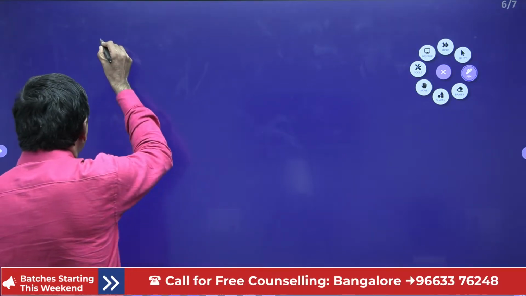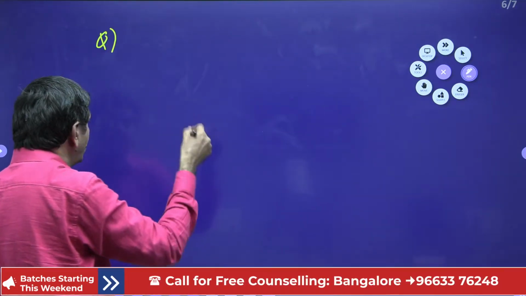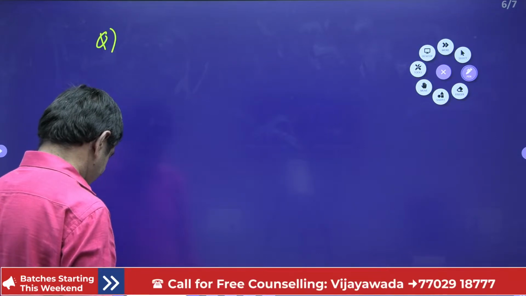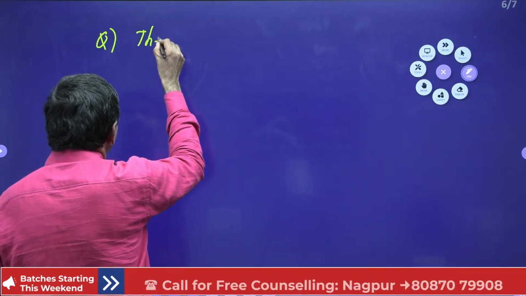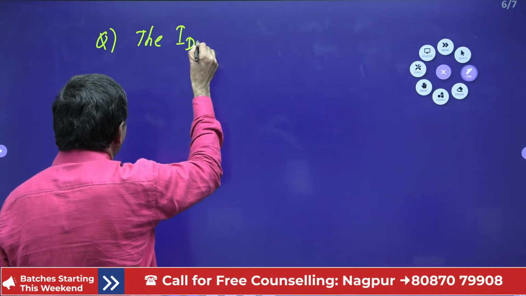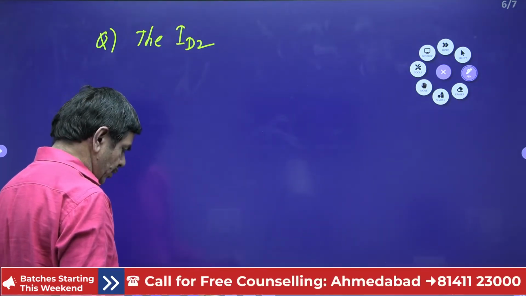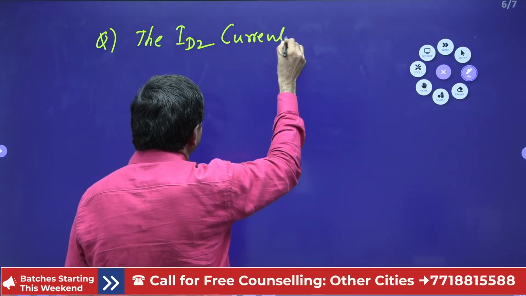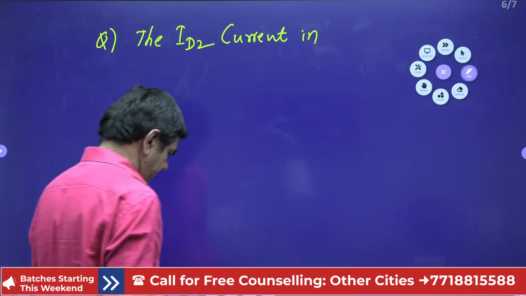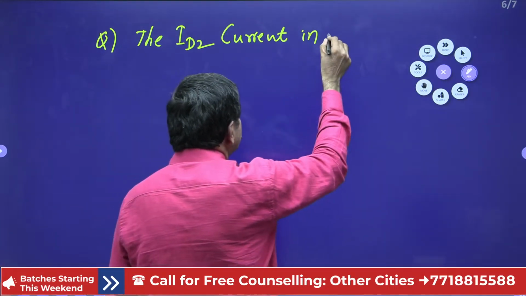First you complete this problem, then afterwards I will explain one more method. The current ID2, the current through the diode D2, ID2 in milliamperes.